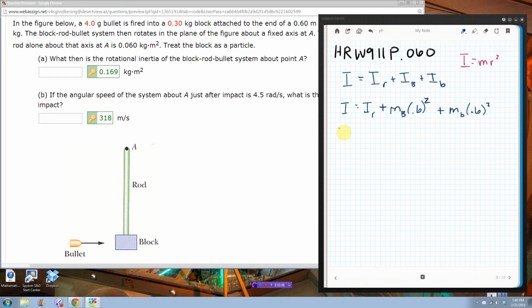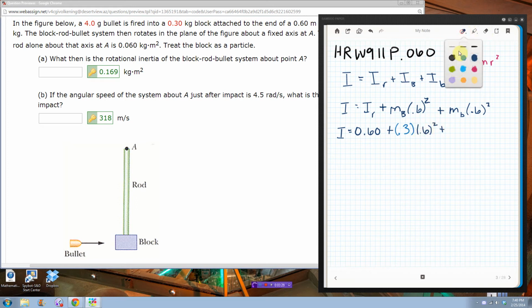Okay, so if we do all that, we are going to get IR, they give us, it's 0.06, plus for me the block is 0.3 kilograms. Yours will be different. And then I've got that 0.6.